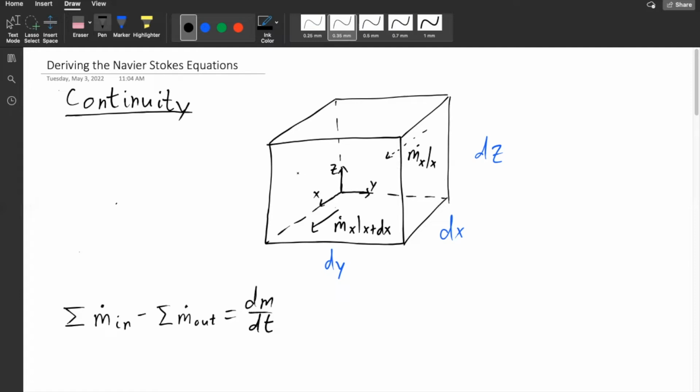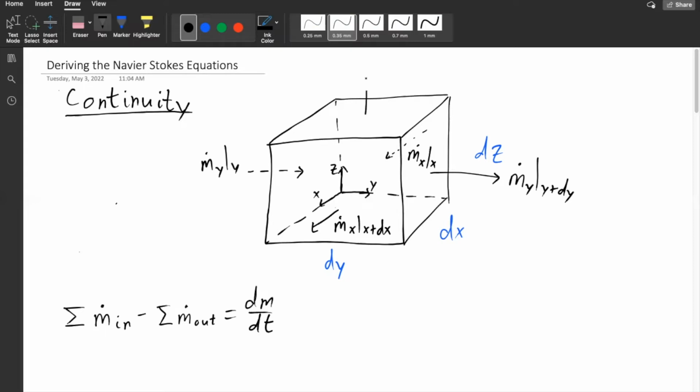Similarly, for y, we have m dot y at y, and m dot y at y plus dy.